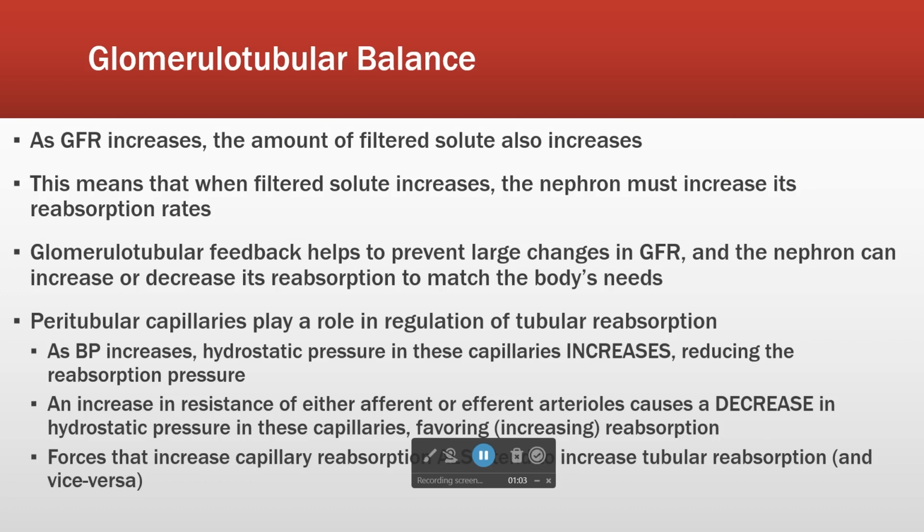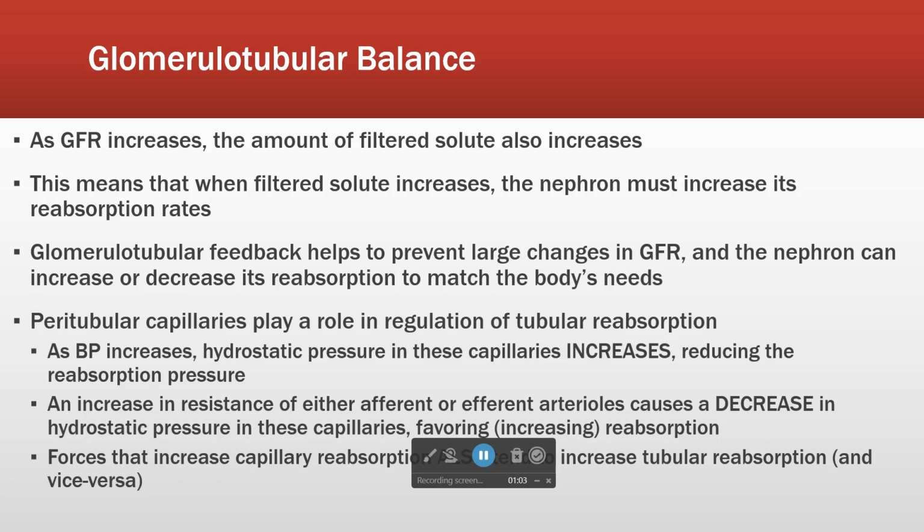The peritubular capillaries also play a role in regulating tubular reabsorption. Okay, so when blood pressure goes up and hydrostatic pressure goes up, that's going to increase GFR. We've already learned that. But in the peritubular capillaries, we get an increase in hydrostatic pressure that reduces the reabsorption pressure.